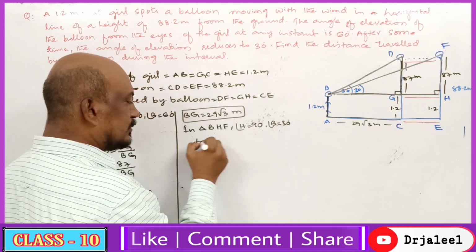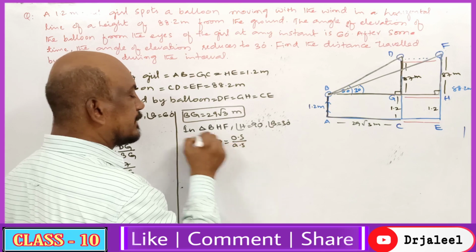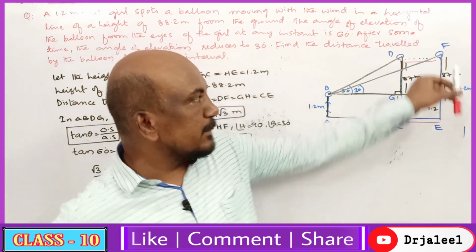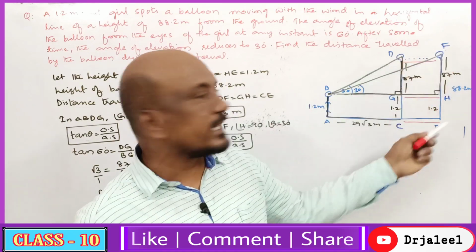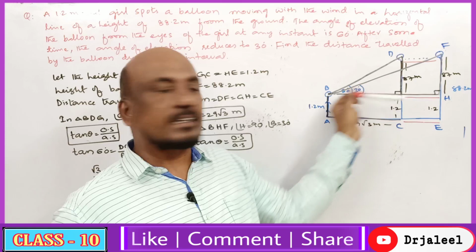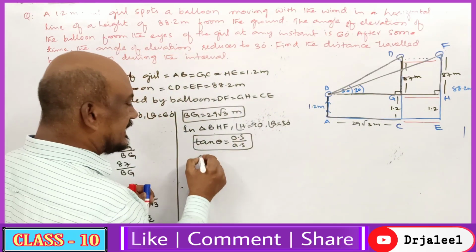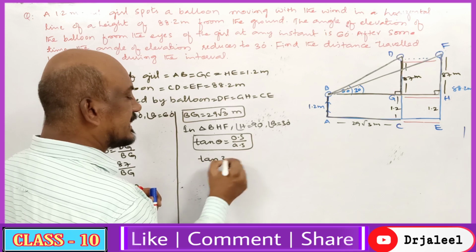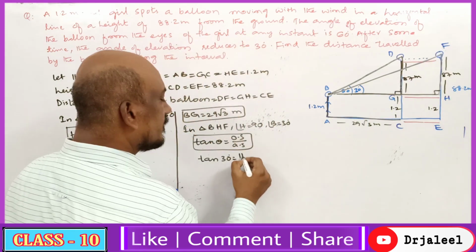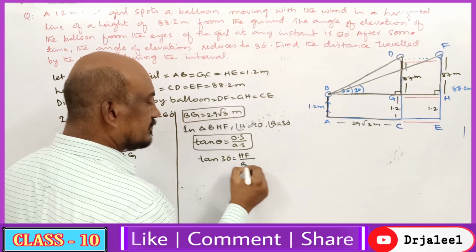So again we are going to use the same ratio, tan theta is equal to opposite side by adjacent side. Why am I taking opposite side? Because opposite side is 87, given already. I will find the adjacent side, this whole side from here to here. So tan 30 degrees is equal to opposite side HF by adjacent side BH.